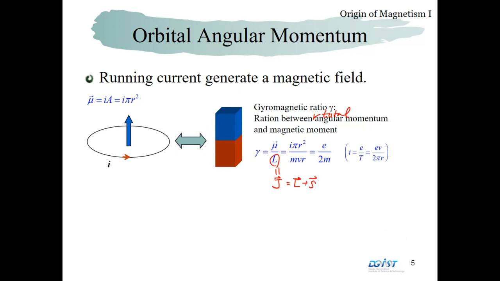In the solid state, S comes from the electron spin, and L comes from the orbital moment.